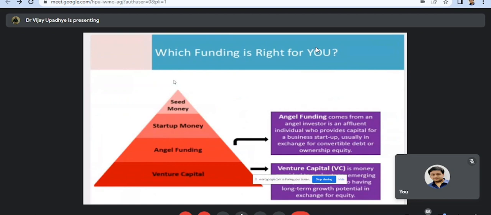Another thing, somebody is telling me, okay, I will just file IP. I have 18 patents filed or published also. But whenever I discuss with good commercial people or corporate people, they ask me, okay, Dr. Vijay Upadhye, how many of these patents get granted? So I am also one or two steps ahead of this.